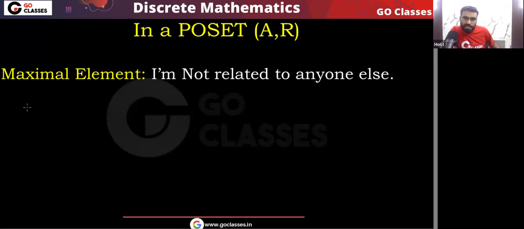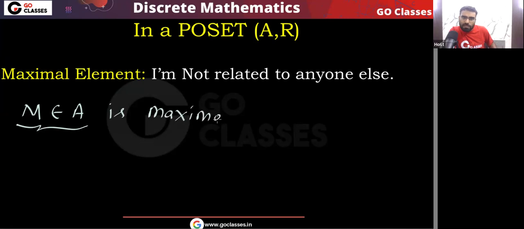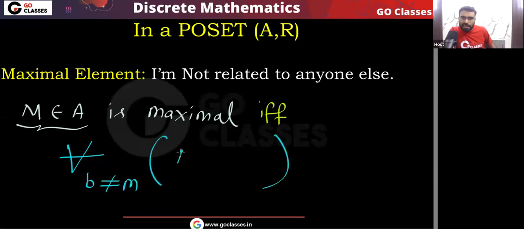When can I say that this element M belonging to the base set is maximal? The definition is very simple: M is maximal if and only if for all elements B other than M, M is not related to B. Basically, maximal says that I am not related to anyone.